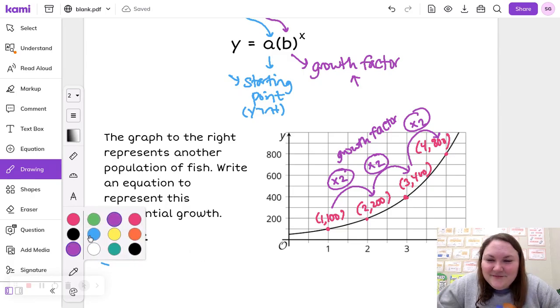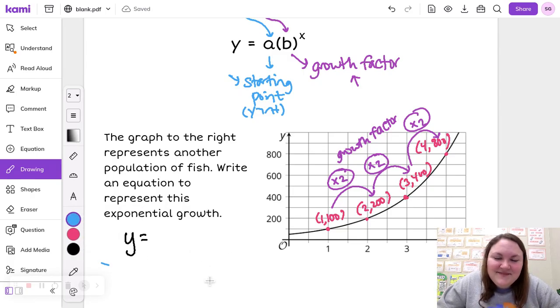That's one number I need. Do you know what the other number is we're going to need? We need that starting point. Remember, your starting point is not going to be at year 1. Your starting point is back here on your y-axis. It's that y-intercept. And so my starting point is right here at year 0. What number is that point there at?